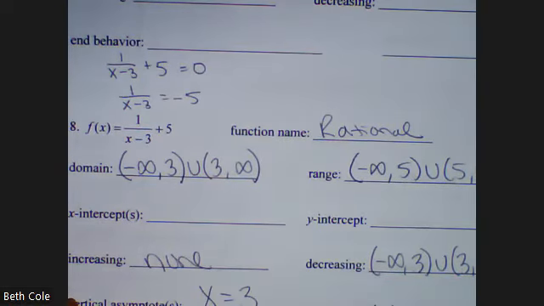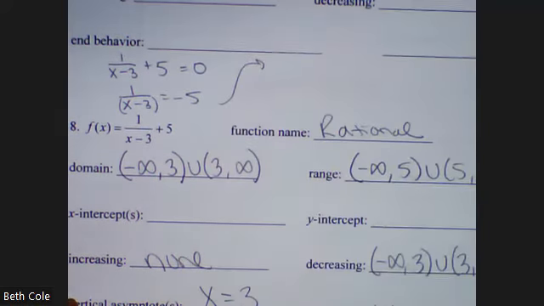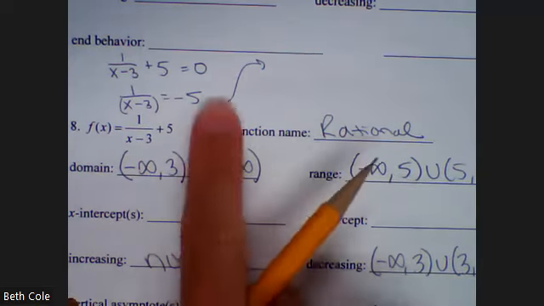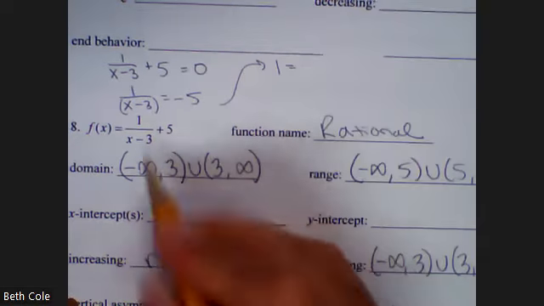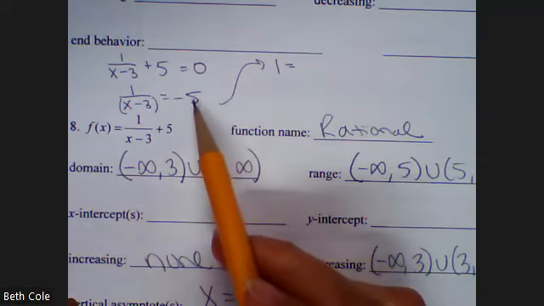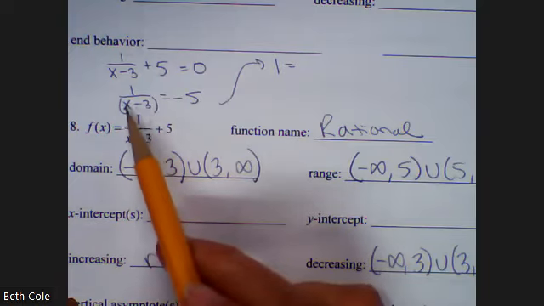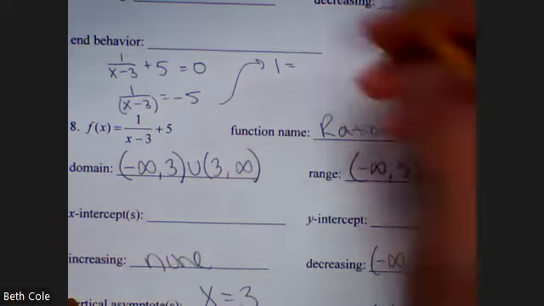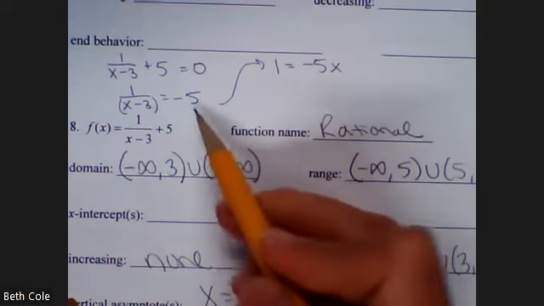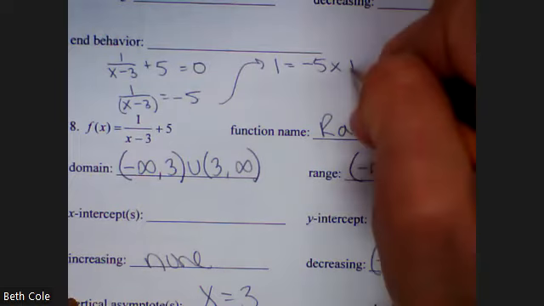Now here's where this gets a little trickier. I would maybe give this a hug. What would you try to do next? Good, multiply over the x minus 3. You're going to multiply that to the other side. So you'll have 1 equals, and you have to do negative 5 times this. You have to distribute. It'll be negative 5x, and then plus 15. Good.